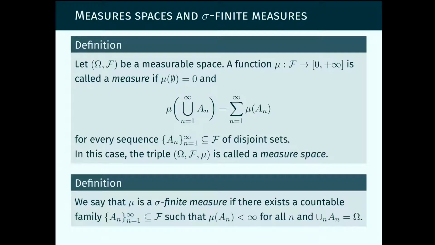If we say that mu is sigma finite, we can write omega as a countable union of sets, all of which have finite measure. All these sets in this sequence must be elements of the sigma algebra F. They must have finite measure, and the union of those has to be the entire set omega.